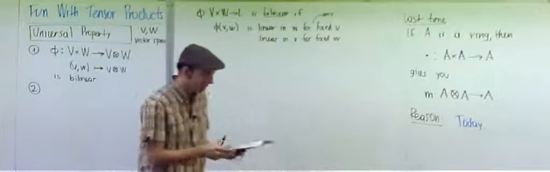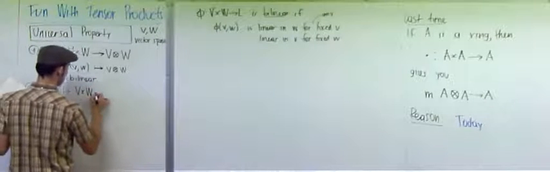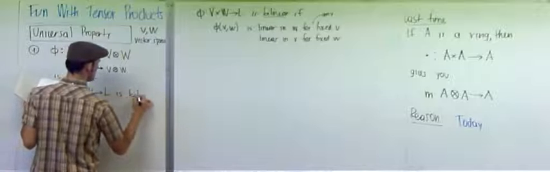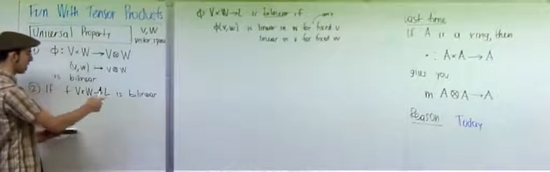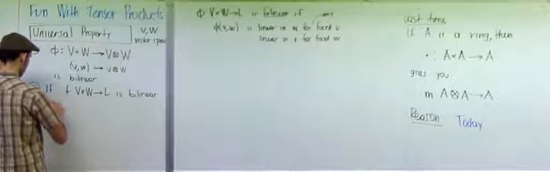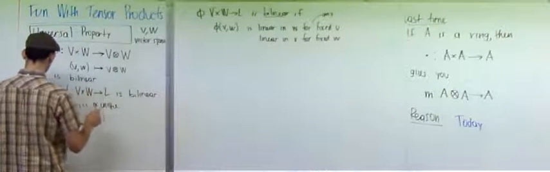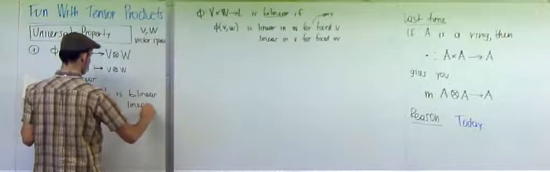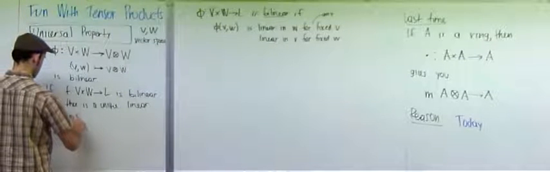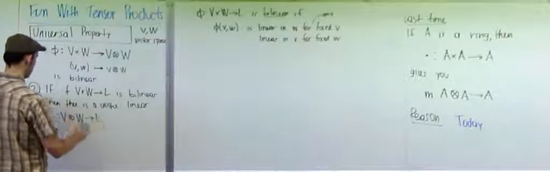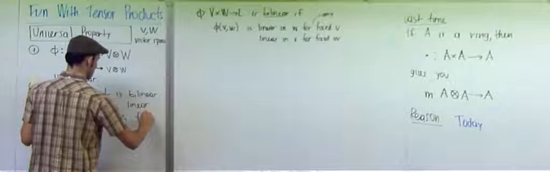I mean that if you have any other bilinear map from the direct product V times W to any vector space L, then there is a unique linear function from the tensor product to L such that this holds.